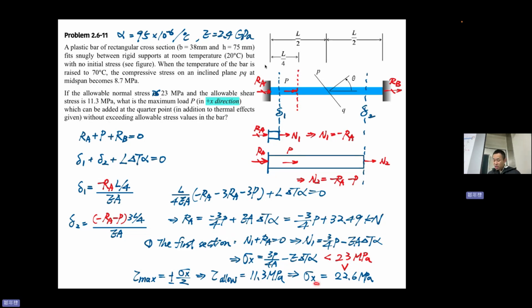If your sigma x becomes 22.6, it will first fail in shear. So you will never have normal stress failure because it will fail by shear stress first.